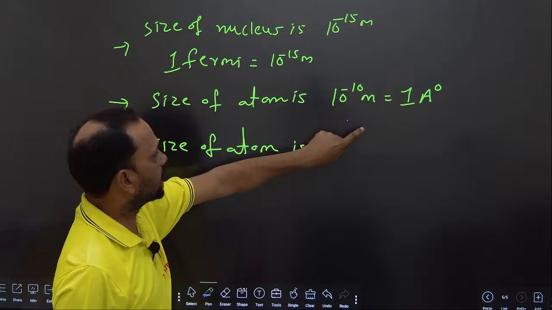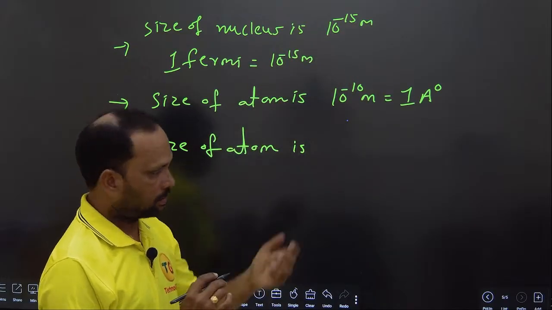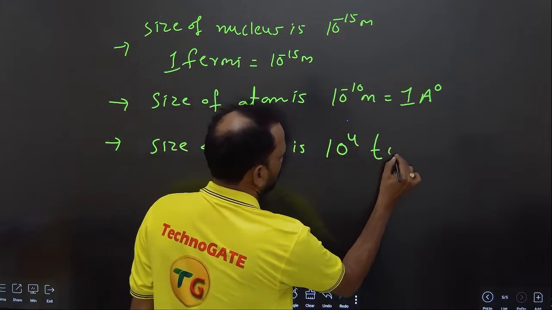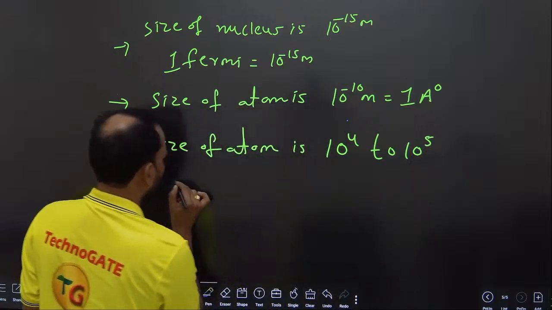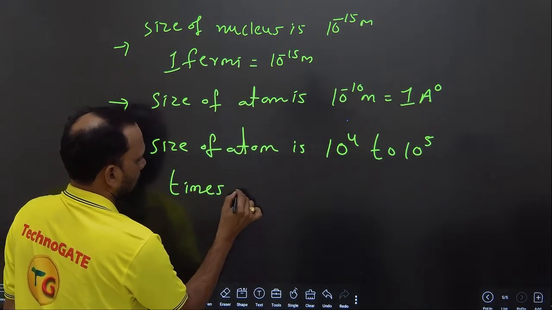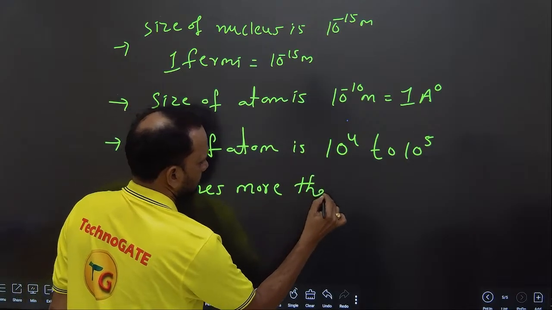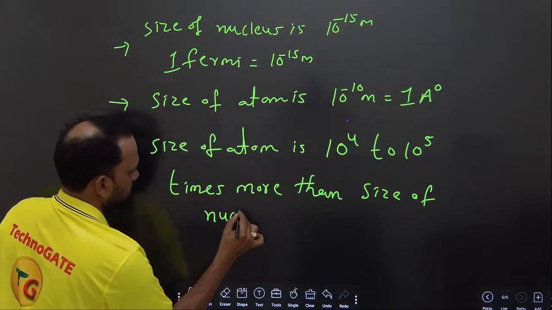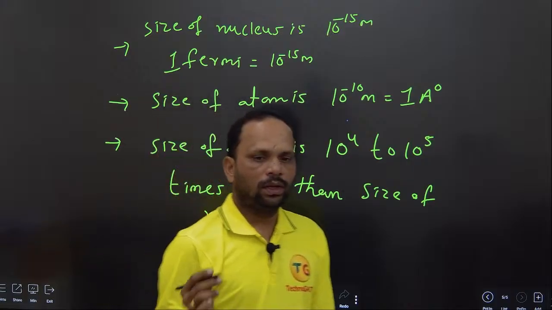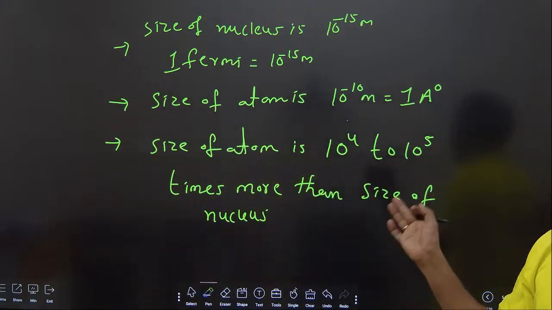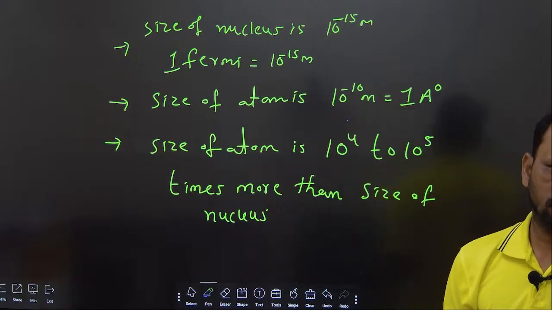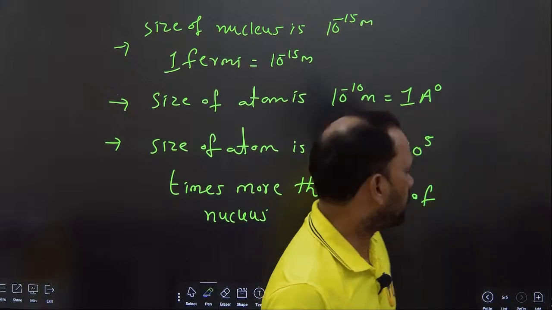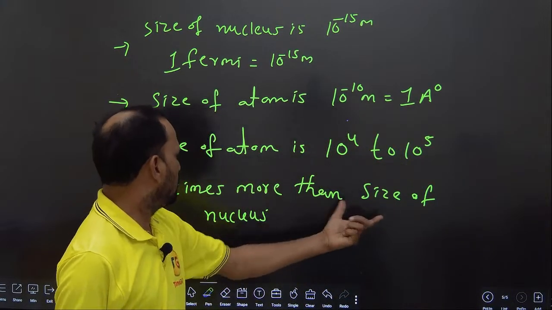So the size of the atom is 10 power 4 to 10 power 5 times more than the size of the nucleus.